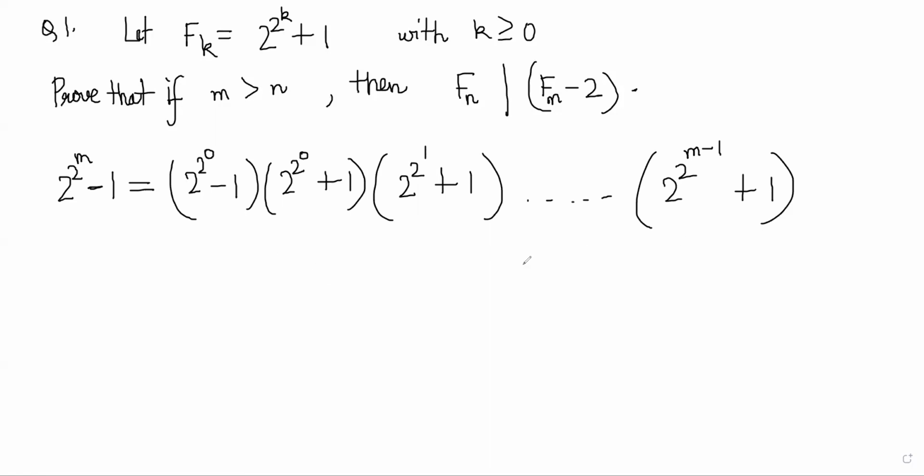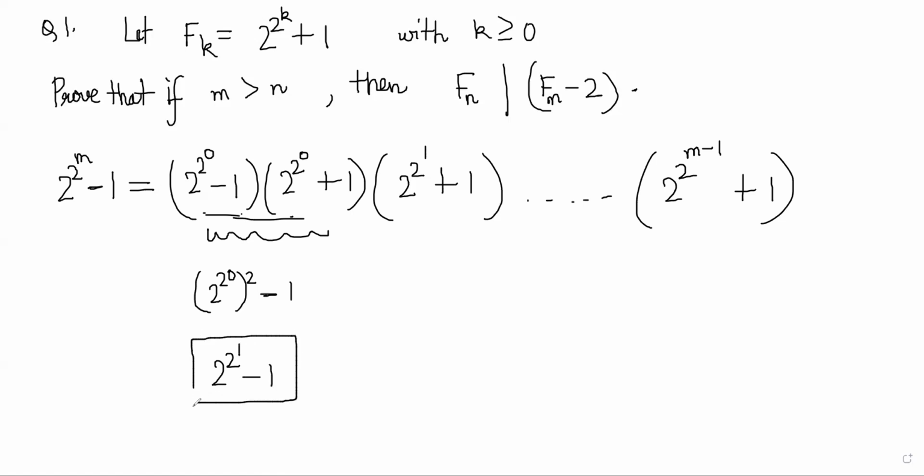Why is this true? This is x minus y into x plus y. So the product here should be x square minus y square. So it will become (2 power 0) whole square minus 1. So that is actually simply 2 power 1 minus 1.